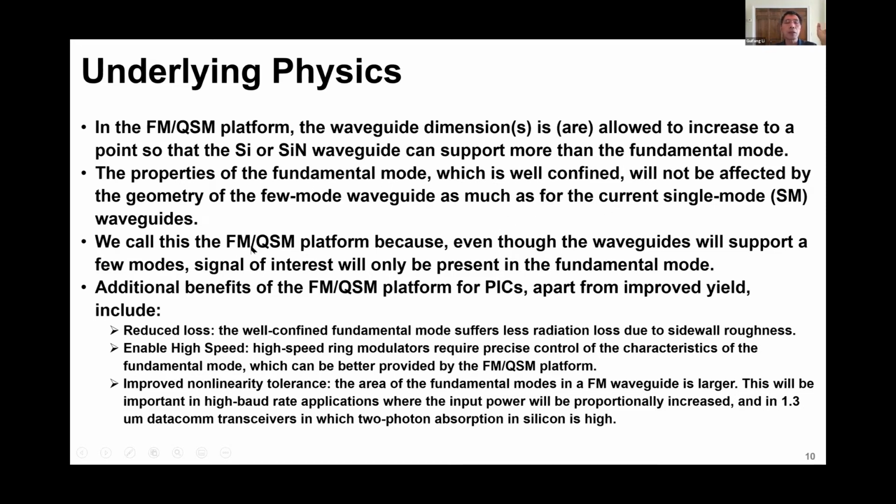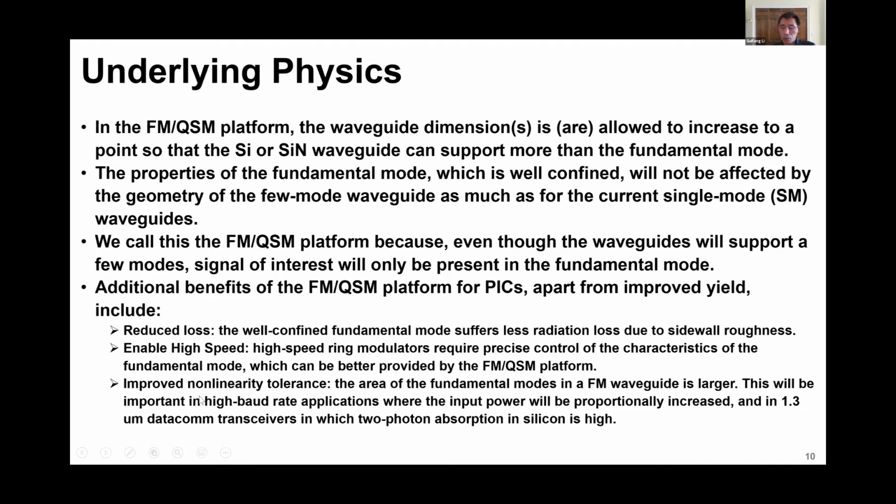And the reason we call this quasi-single mode is because even though the waveguide supports a few modes, our signal of interest will only be in the fundamental mode. So we don't use the other modes. The other modes are auxiliary. They just help us to solve the yield issue and provide some other benefits that I'm going to discuss here, including reduced loss, enabling high speed, and also improved nonlinear performance.